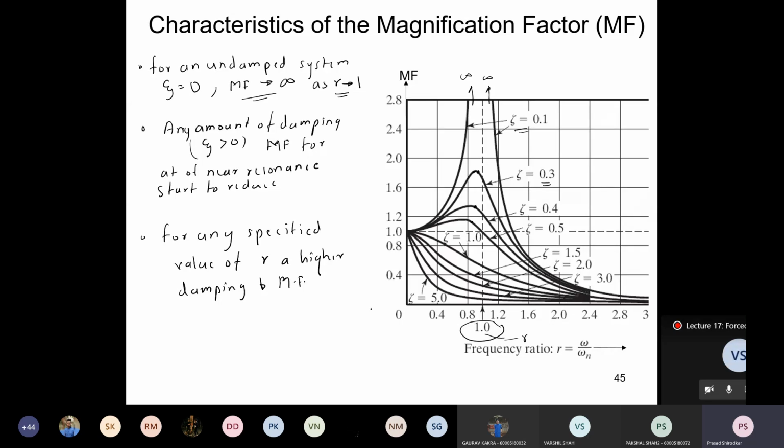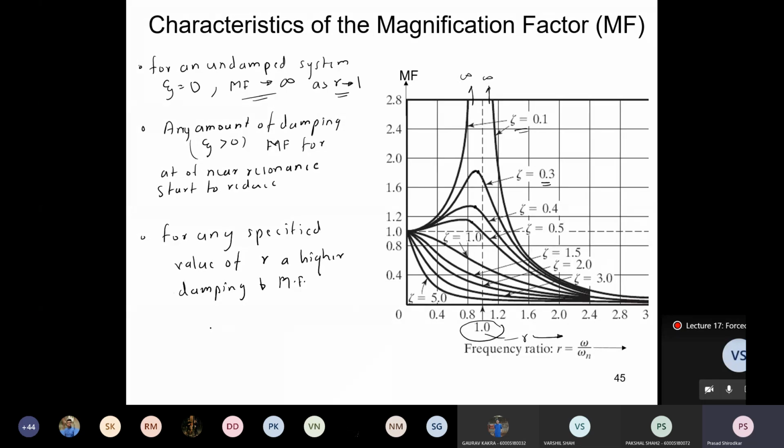Okay. So if you see any of these values of r, as soon as the damping is introduced, then the magnification factor for any given value of r will be less compared to the undamped one.